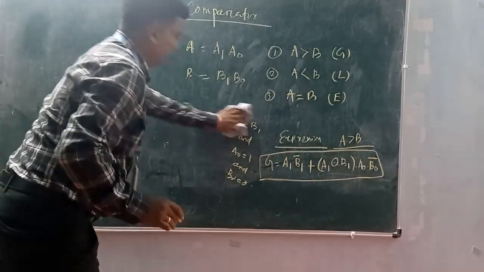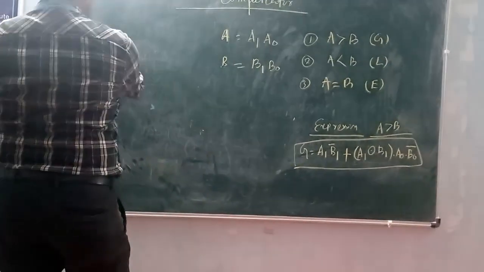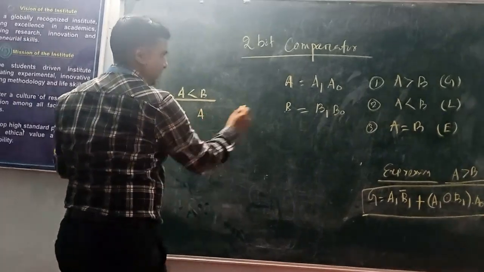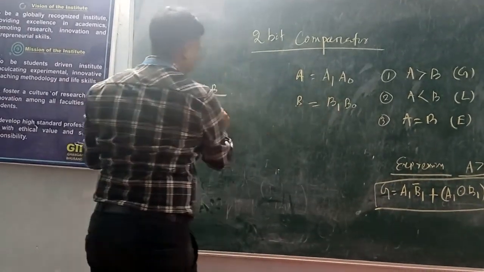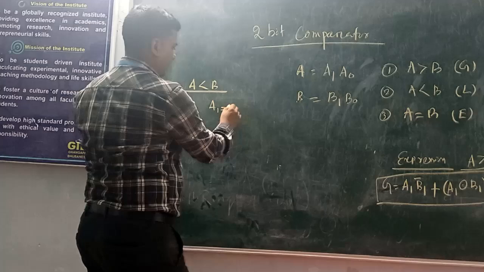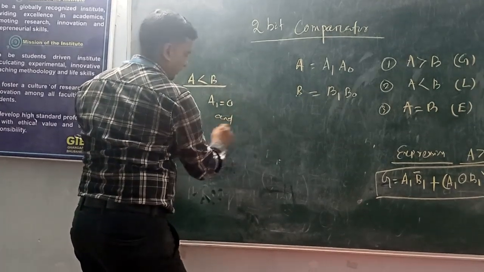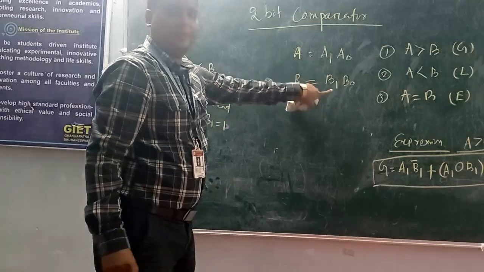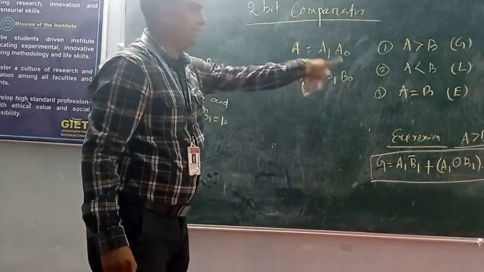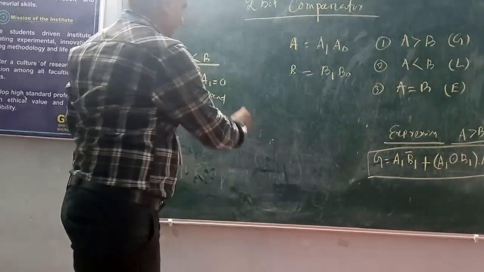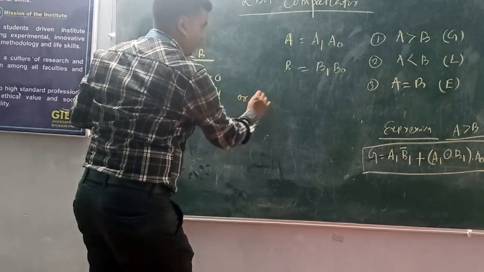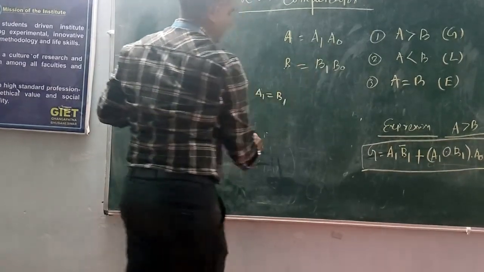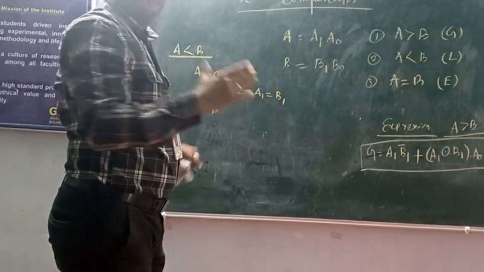Now we will go for the next condition, A less than B. Similarly, you tell what will be the condition for A less than B. There are 2 bits: A1 must be 0 and B1 must be 1. That means this bit will be 0 and this bit will be 1. Then the condition that A is less than B will be satisfied. Another case: if A1 equals B1, if these 2 bits are equal, then we go for the next bit.